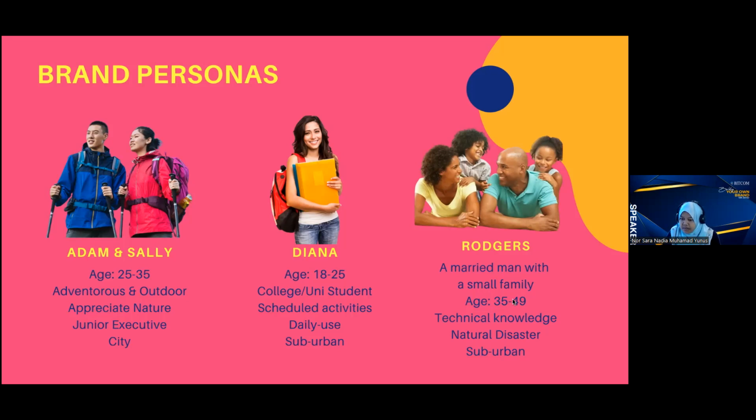Because possibly we see that Rogers has potential to buy our self-filtered water bottle to be used as a backup during conflict or during natural disaster. Sebab apa? Because they are looking for access to clean water. Masa banjir, masa tanah runtuh ke, for example, if they are stuck, they can still use that bottle to filter and get clean water, right? And Rogers lives in suburban. Sama macam Diana tadi, cumanya Rogers punya karakteristik is totally different with Diana, right?